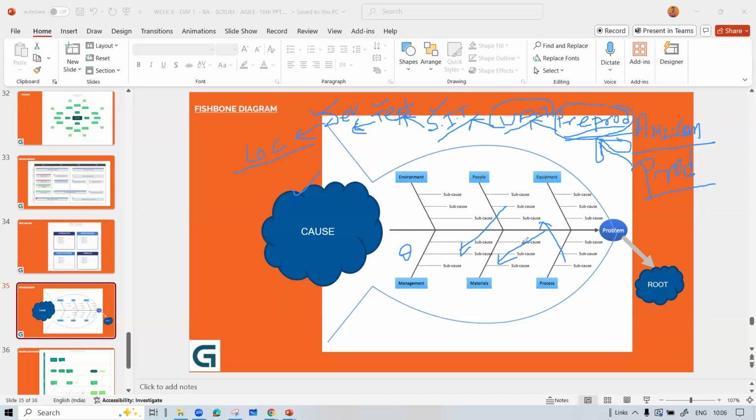But how did we reach the amazoncar.com problem and diagnose it using the fishbone diagram? Were you able to understand, everyone? How did we reach and conclude that it was a communication problem, that the customer forgot to ask? That could be the equipment, or it could be the processes.